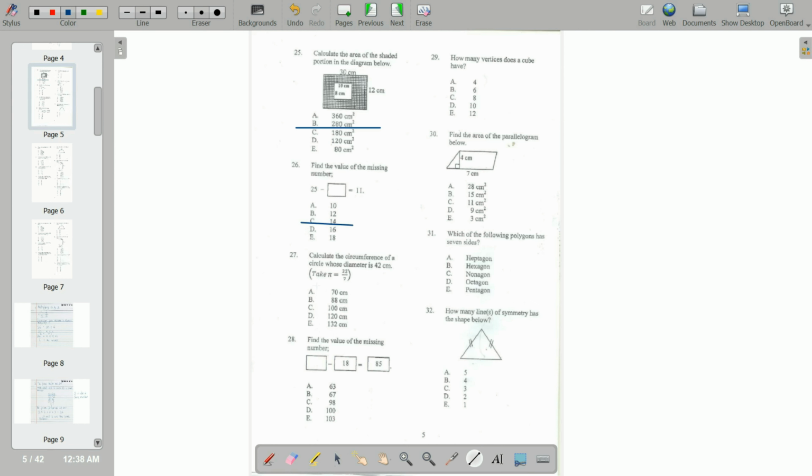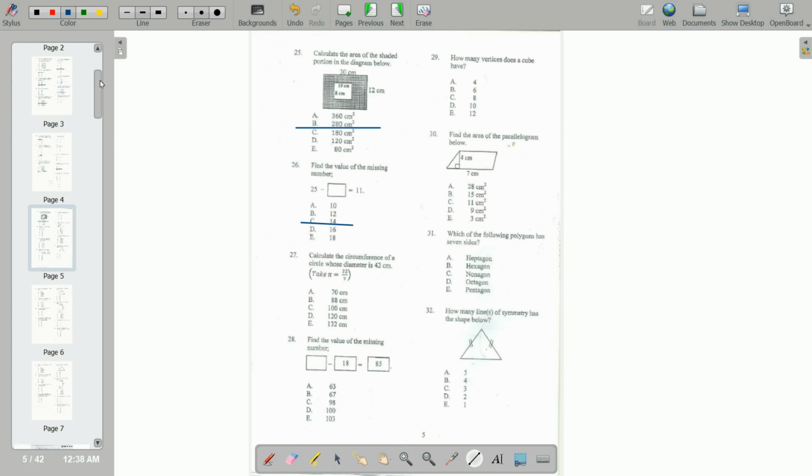Next is question 27. Calculate the circumference of a circle whose diameter is 42 centimeters.